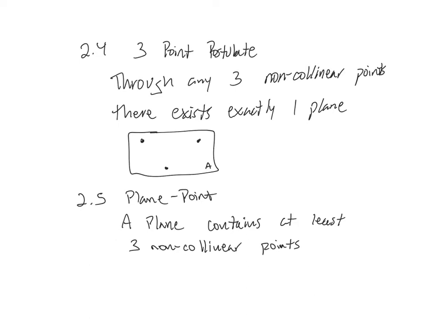So it's like 2.1 and 2.2 where you can go both directions. If you have 3 non-collinear points, then you have a plane. If you have a plane, then you have 3 non-collinear points. Okay?